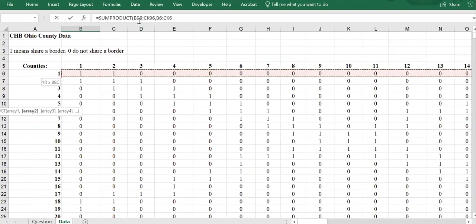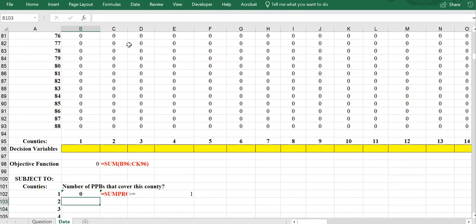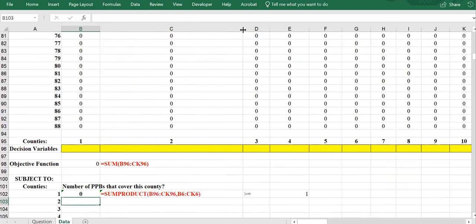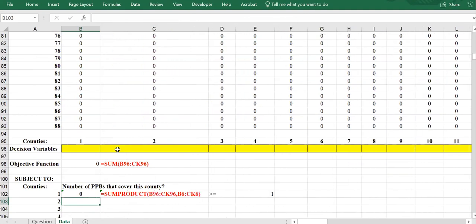That's perfect. So I got that. Let me just show you the formula here. This is the formula that I have for county number one.